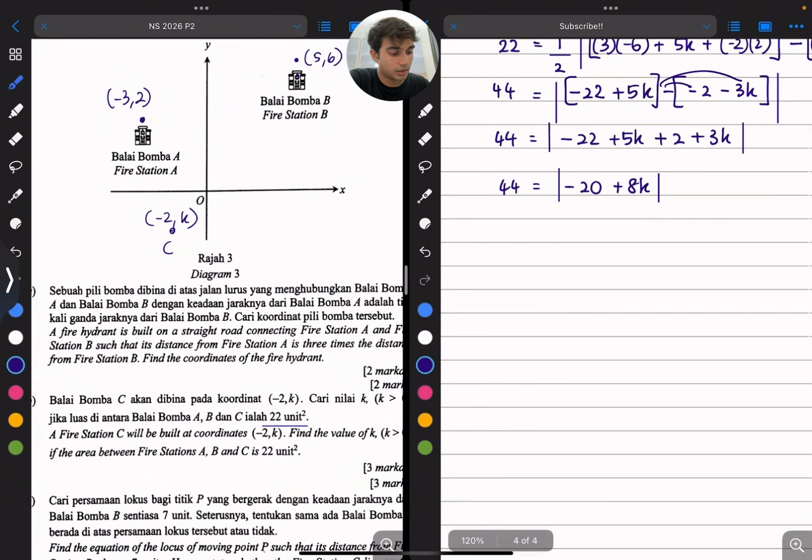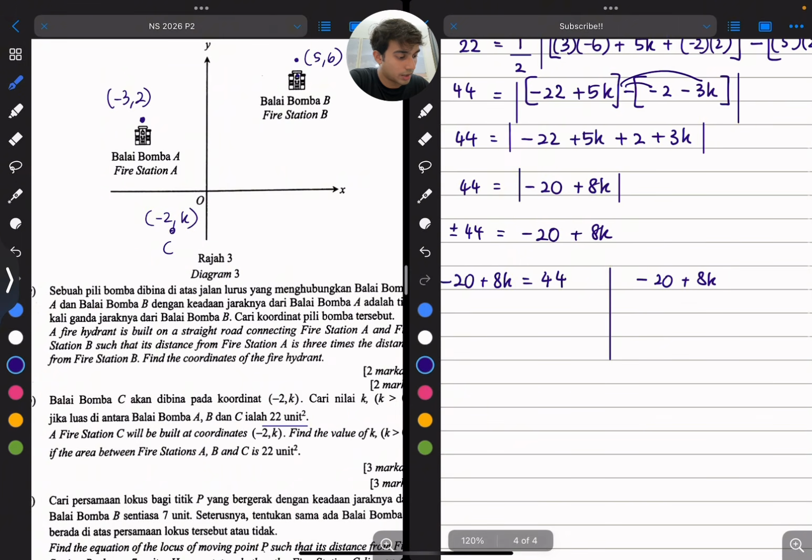Then the modulus, we can bring it over that side. If you shift it, it will become plus minus 44. So we can say negative 20 plus 8k is positive 44, or negative 20 plus 8k is negative 44.